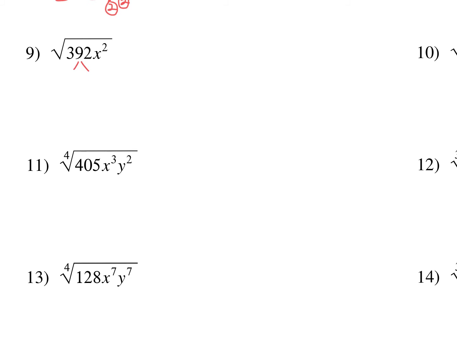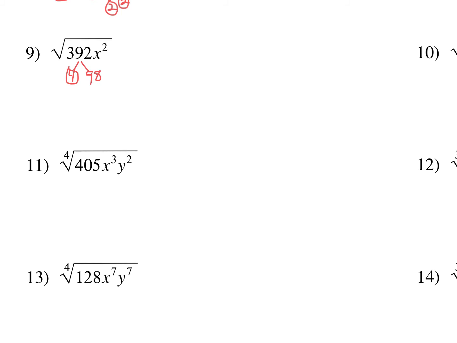So off the top of my head, 4 does go into 392, so I'm going to start with 4. 4 goes into 39 nine times, that's 36 with 3 left over, and 98. I'm just going to check my math. 392 divided by 4, awesome, it is 98.